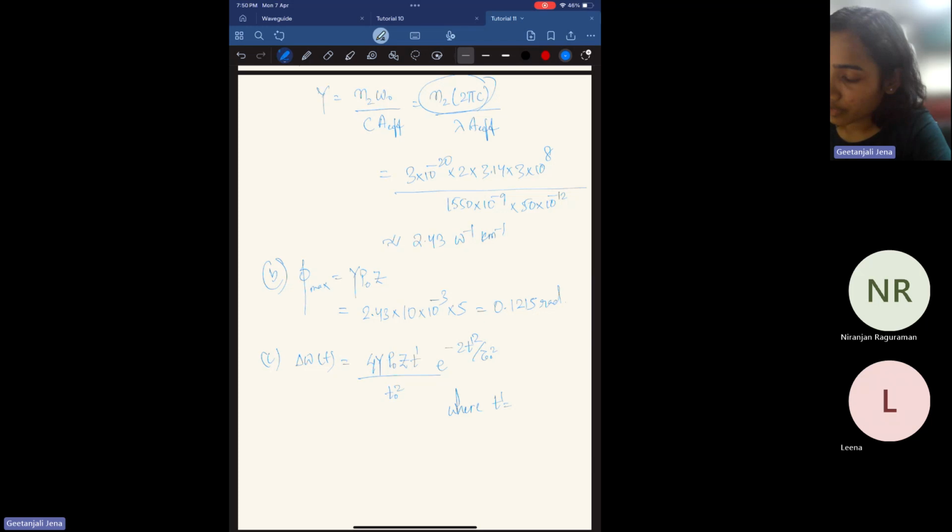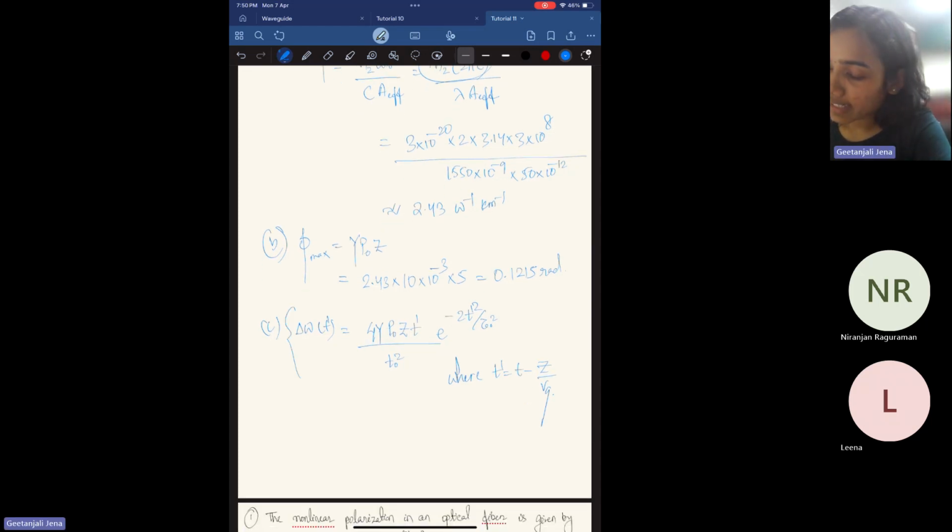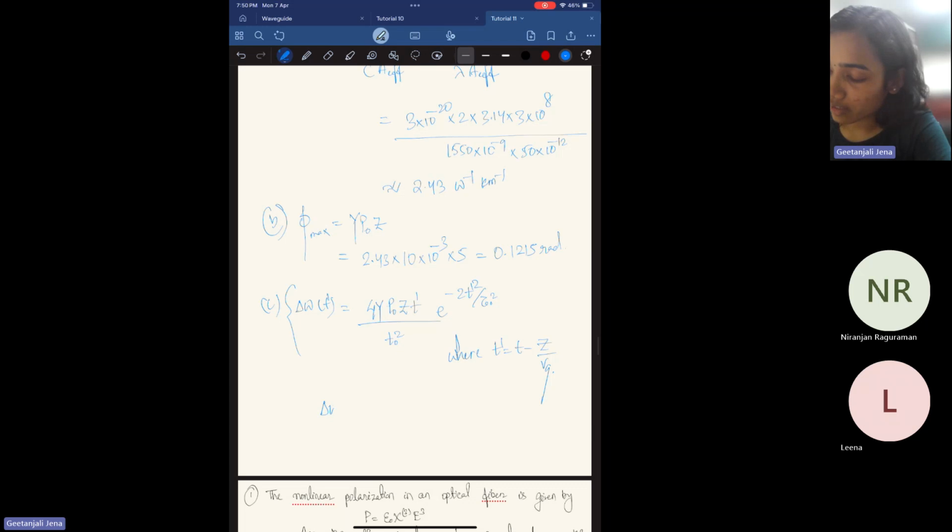Let us take T prime. T prime is T minus Z by Vg. You can see in the expression delta omega is directly proportional to T prime, which is T minus Z by Vg.